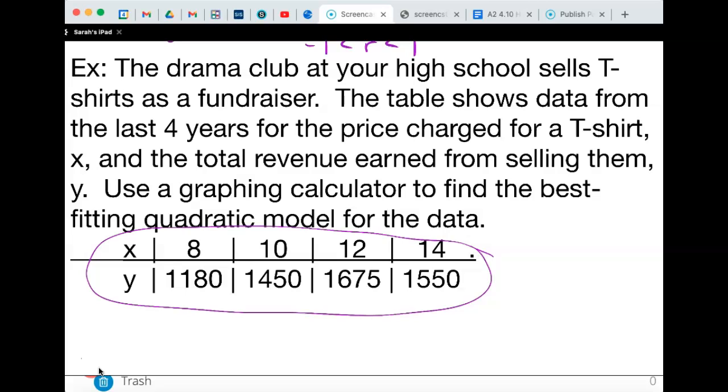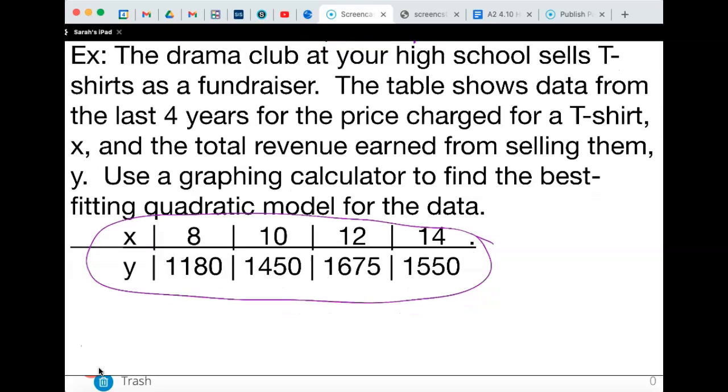Step one. So we want to press the plus sign in the top left corner of your screen and go to table. So then you should have an XY table in line 1. So then the X values are 8, 10, 12, 14. Y values are those. And you can type those in.